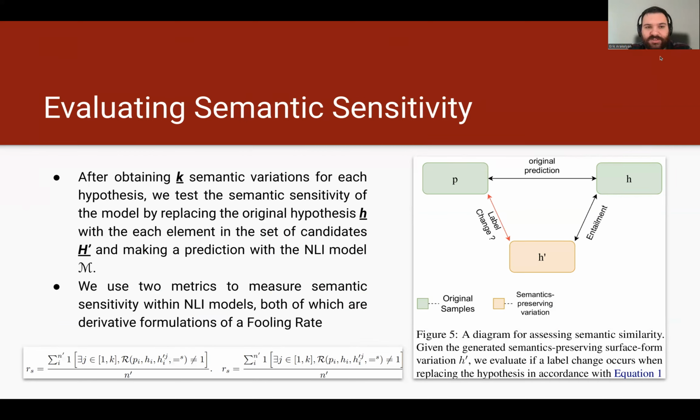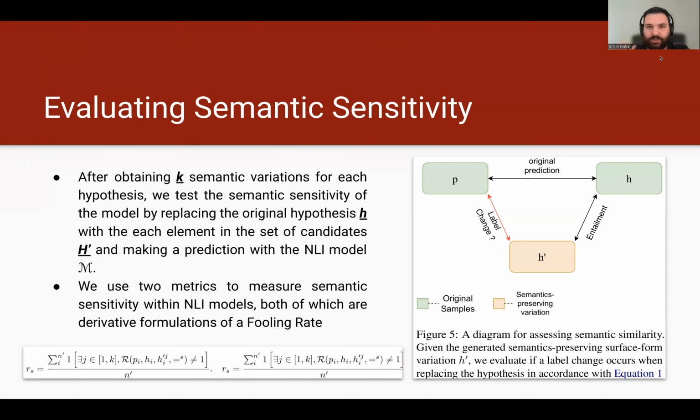We test the semantic sensitivity of the model by replacing the original hypothesis with each of these newly generated adversarial hypotheses and making a prediction with the NLI model. And we use two metrics to measure semantic sensitivity within the NLI models, both of which are derivative formulations of fooling rate.